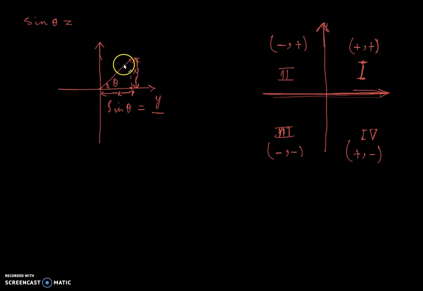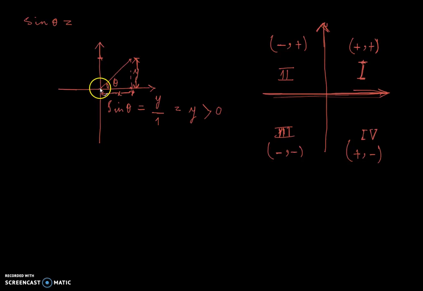The hypotenuse in this case, let's say it's 1. So it's basically just y. Now your y is a positive value, and the trigonometric ratio of this angle is in the first quadrant, so y is a positive value.